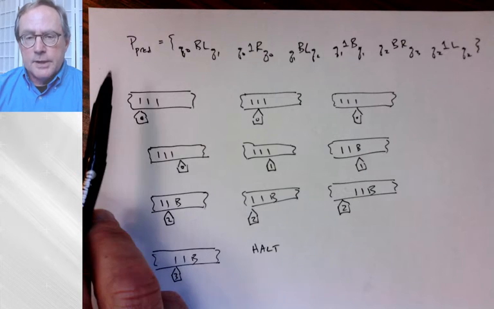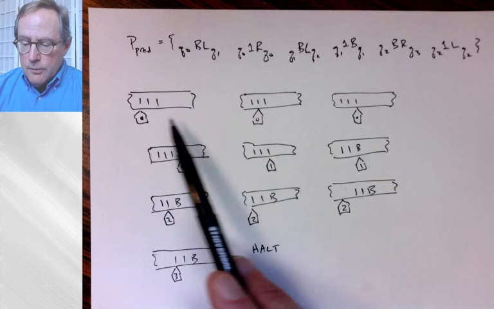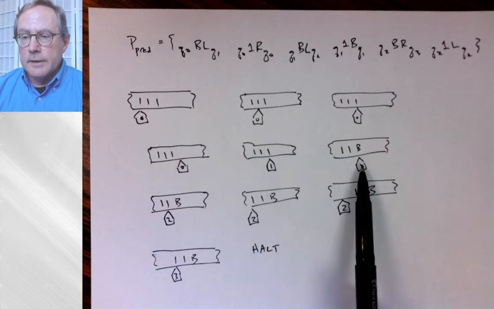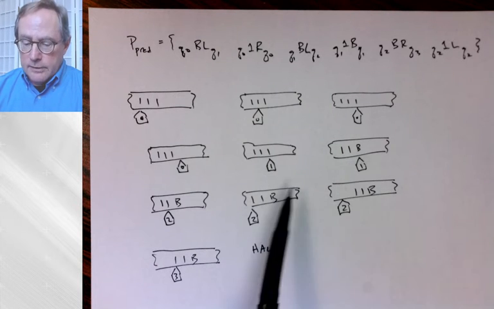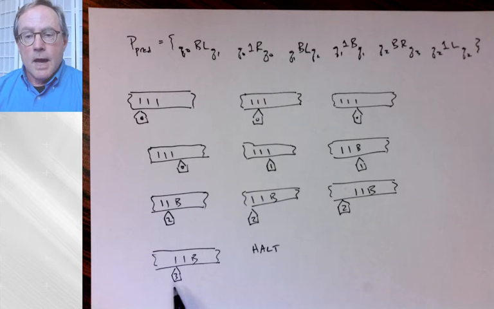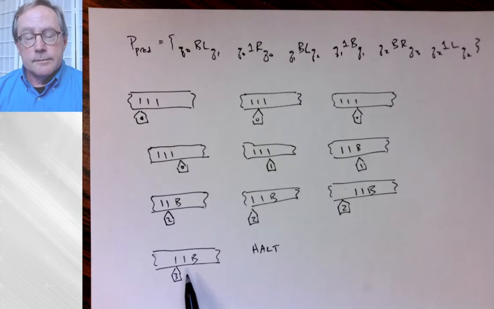This is called capital P sub pred because it does the predecessor function. It scans past the block of 1s, backs up, changes the final 1 to a blank, and then scans left back to the beginning again, and stops. So there were 3 1s when we started, there are now 2 1s.